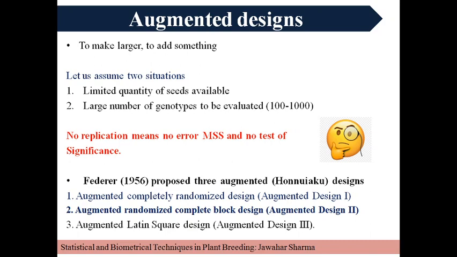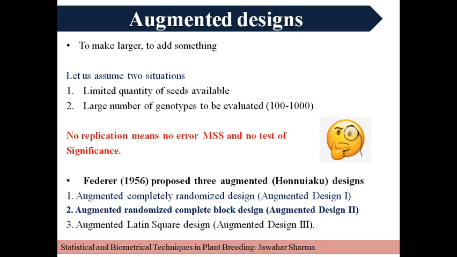Before going to the topic, let us assume two situations. First, you have a limited quantity of seeds available, because you may get seeds for the first time from a country or person, and you don't have enough seeds to replicate them.